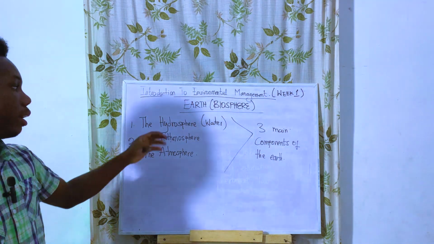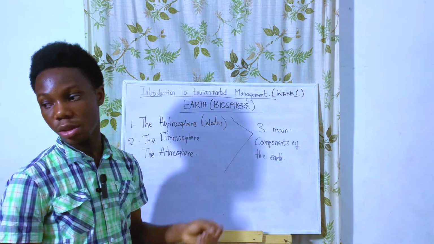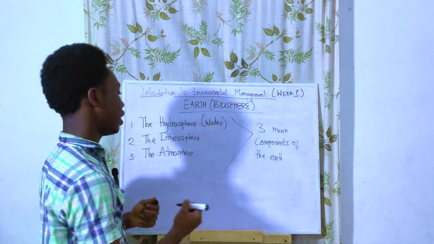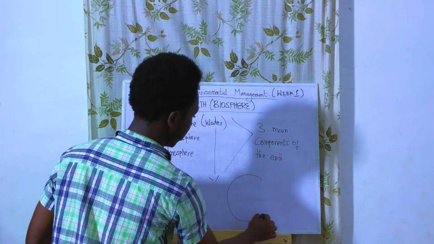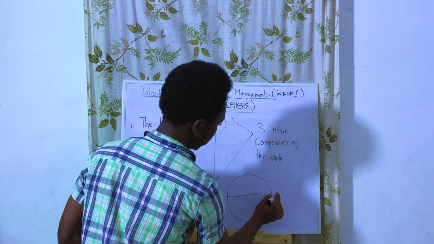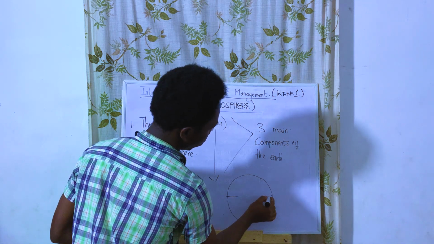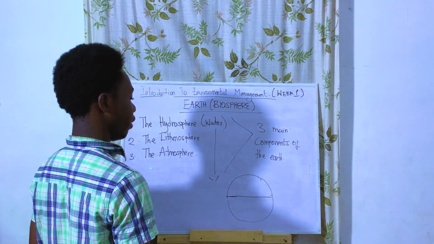Now, let's take the first one, that is the hydrosphere or water. So about 71%, let's say this is the earth, right? Now, let's divide the earth into two. This is 180, this is 180, right?